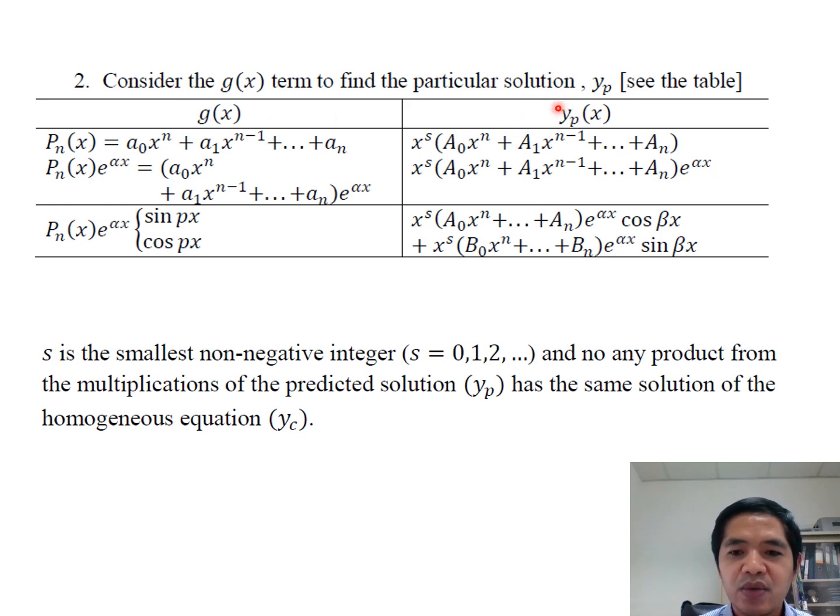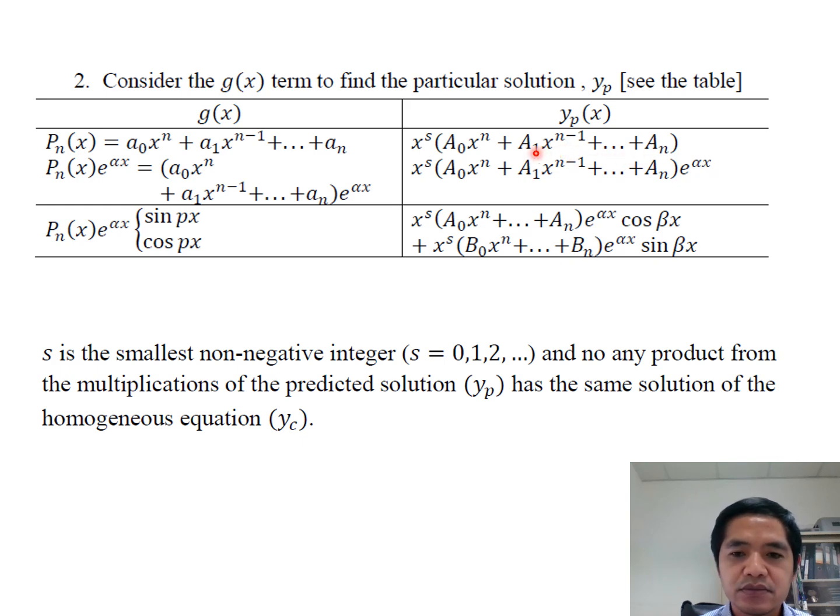The p in yp comes from predict; yp is the predicted solution. If you see the g(x) term is a polynomial, use this yp. It's like a guess for the g(x) term. It's going to be x to the s times a0 x to the n plus a1 x to the n minus 1 plus and so on until an.